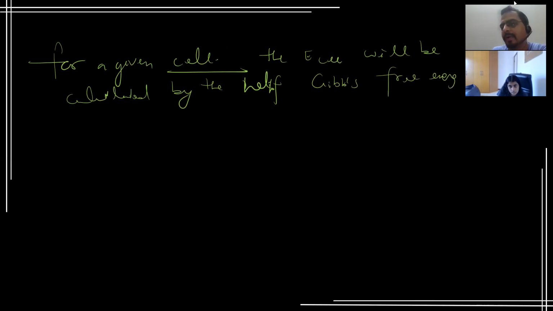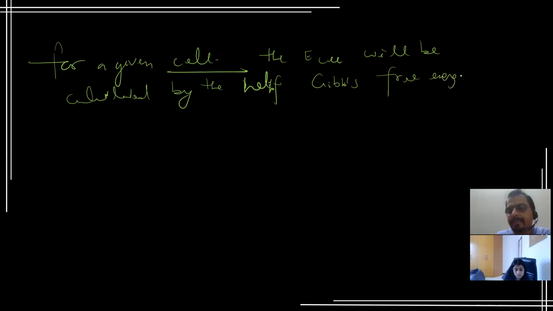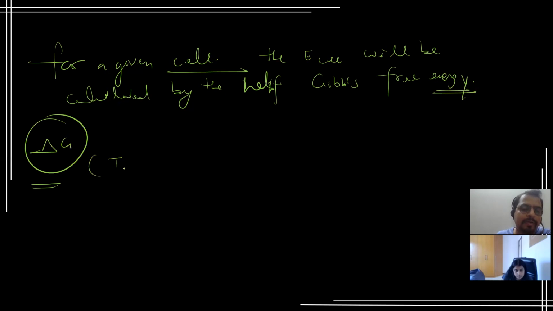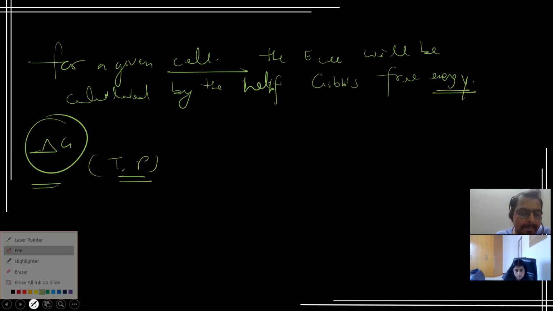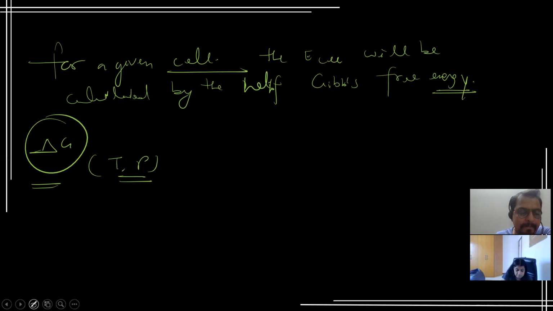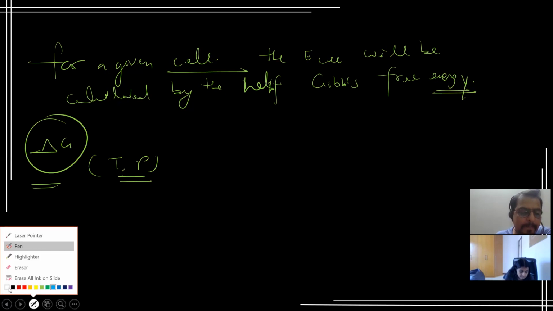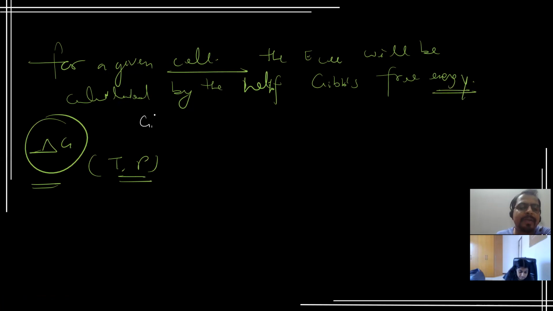Now you will ask, what is Gibbs free energy? What is delta G at constant temperature and pressure? So can you tell me what is delta G? Any idea? No. It is called Gibbs free energy.